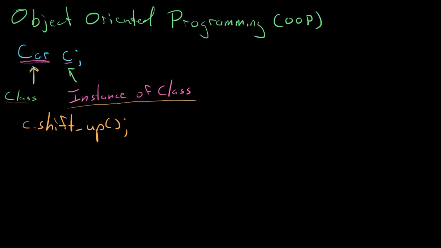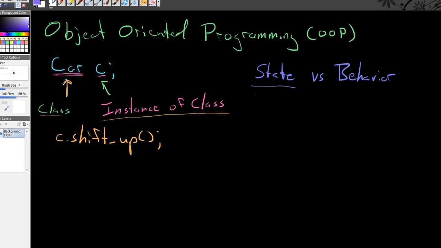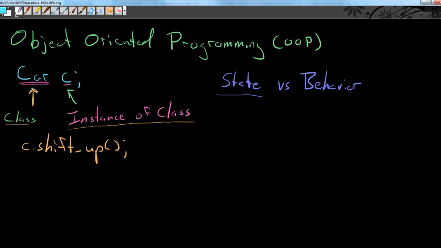Let's move on, but not too far away, to another topic, and we'll bring it back to what we've learned so far. So we have what's known as our state, and then we have behavior. Okay, so let's speak of state first. When we're talking about state, we tend to be talking about variables.